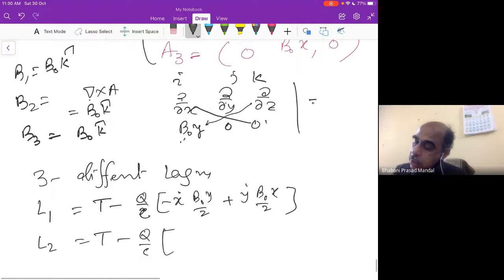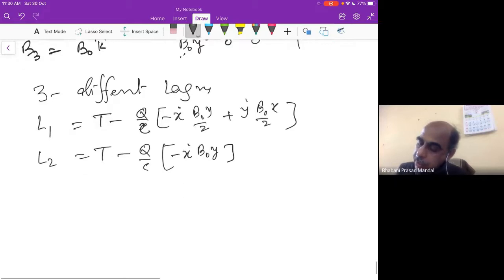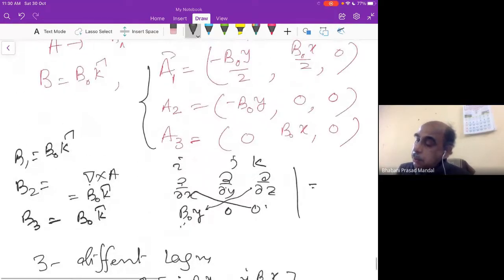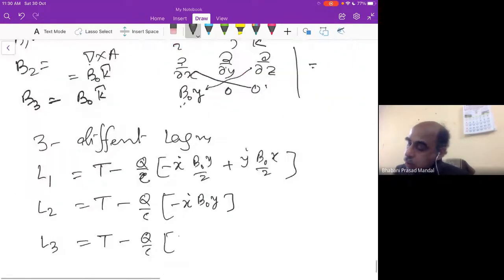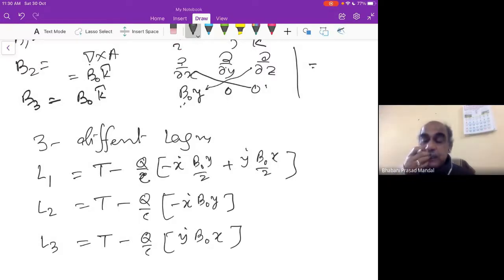B0 y. So it will be minus x dot B0 y. Lagrangian 3 will be T minus q by c, B0 x, so y dot B0 x. Now you can very easily check that these three Lagrangians are the same.